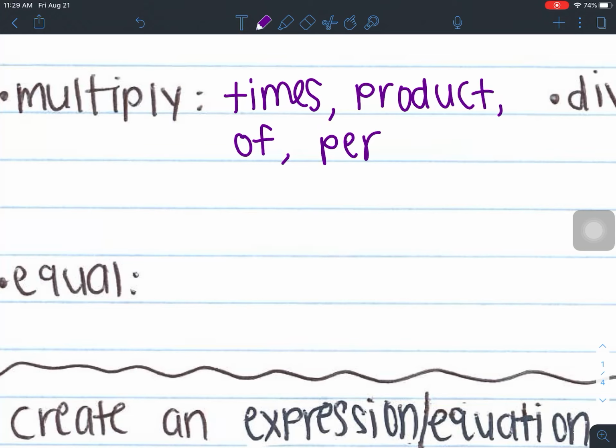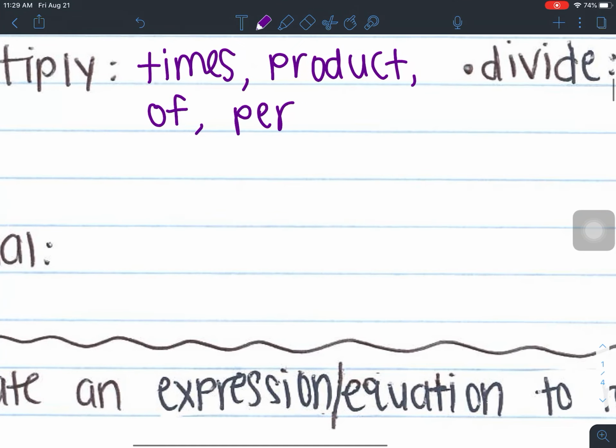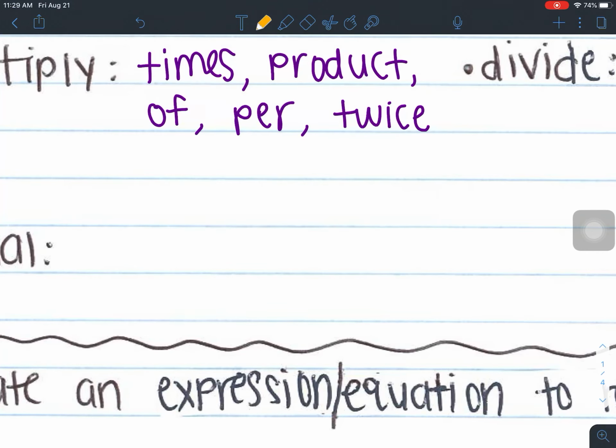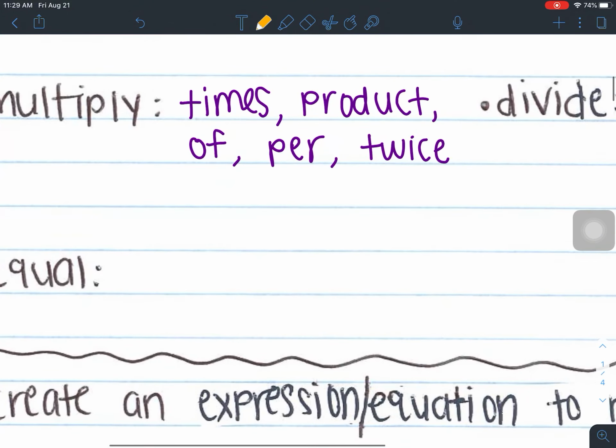So $5 per book, I would do 5 times however many books I have to figure out how much all of those books cost. And another word would be twice, actually. What does twice mean? If I have twice as many backpacks as you, I would take your amount of backpacks and times that by 2. So twice also means multiply. And again, just like earlier, there are lots of words out there that mean multiply, but these are just some of the few that we talk about.